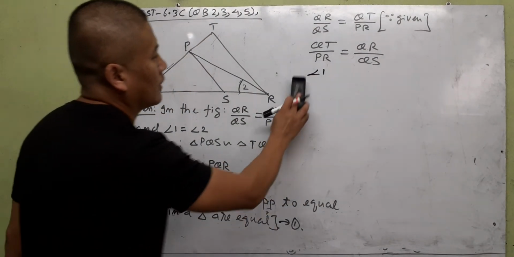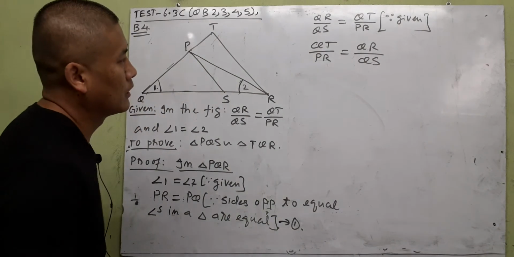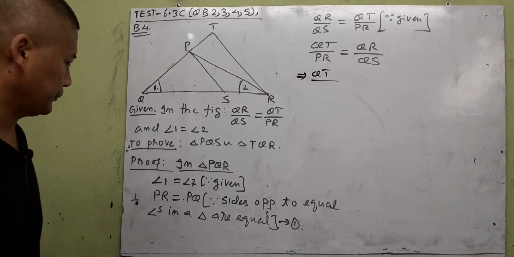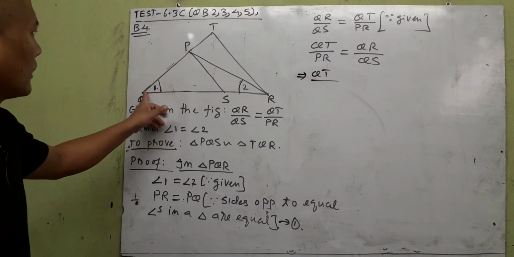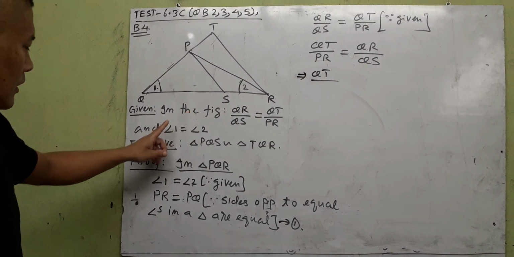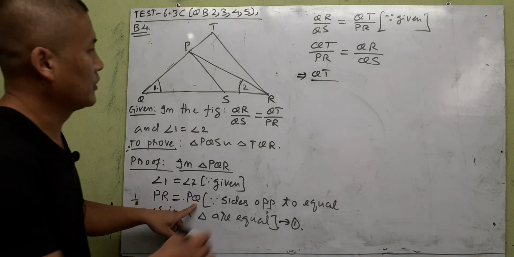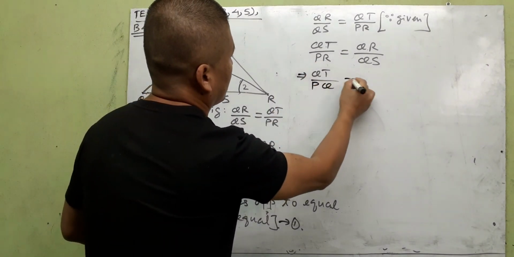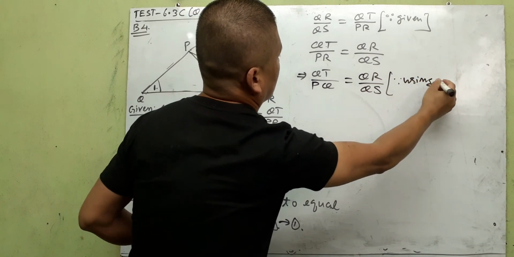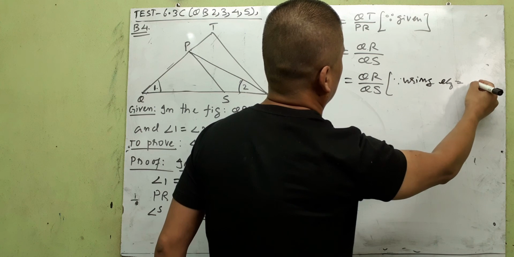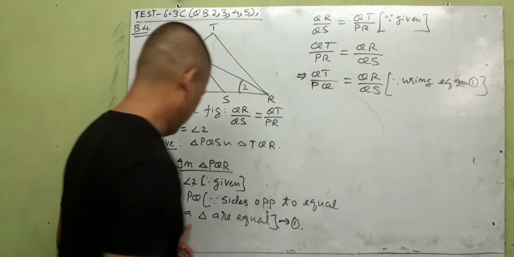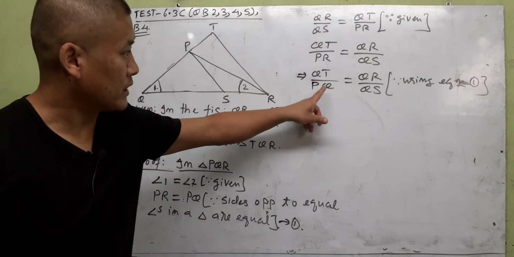before that, let us write down, before we go one more step, QT by PR. So here, PR, QT by PR, PQ. Okay, so PR can be replaced by PQ. So you replace this PR by PQ equal to QR by QS, since using equation number 1, you see here, PR equal to PQ means PR can be replaced by PQ.